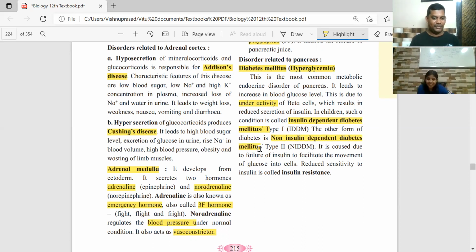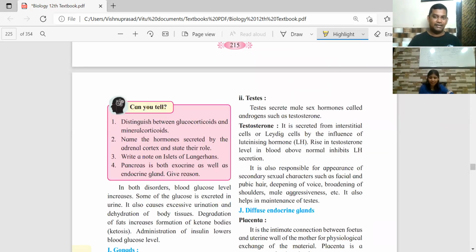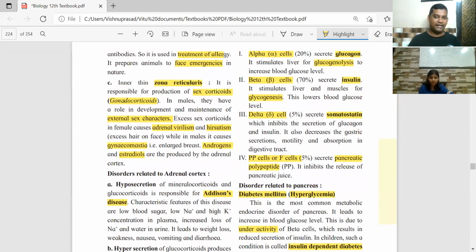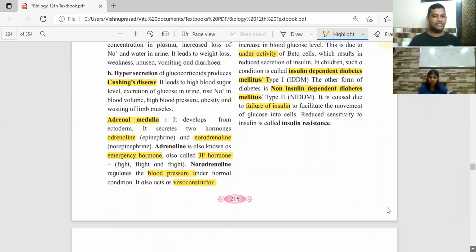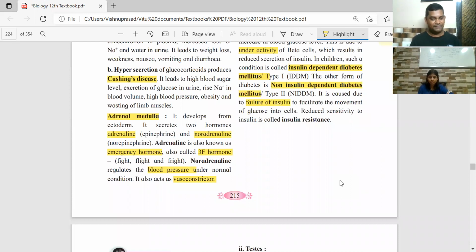Type 2 is due to failure of the insulin completely. We saw that the maximum amount is from beta cells, 70%. So if they fail, you can imagine how much the blood glucose level will rise. That is type 2 diabetes.